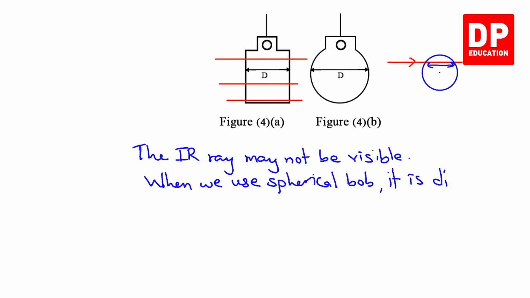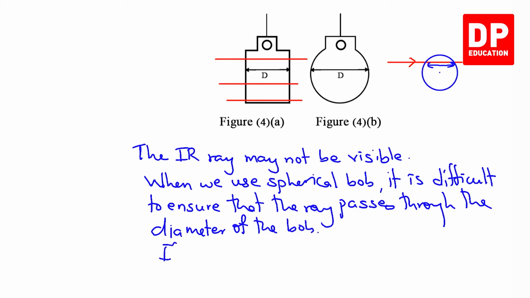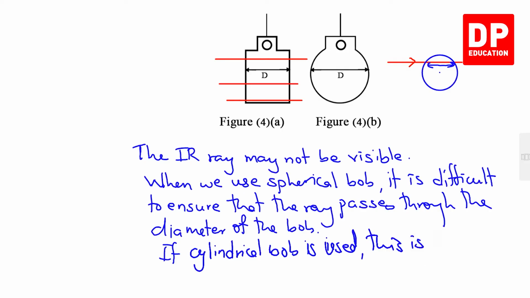It is difficult to ensure that the ray passes through the diameter of the bulb. If a cylindrical bulb is used, this issue doesn't arise. This issue doesn't arise.